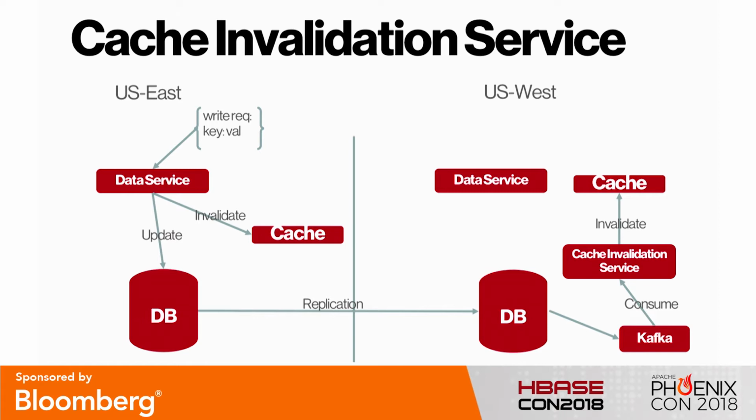Here, you can see we publish the database changes to Kafka, and the cache invalidating service will consume the Kafka events. It will invalidate the cache and also the remote marker, as long as the replication flow arrived and published a Kafka event.